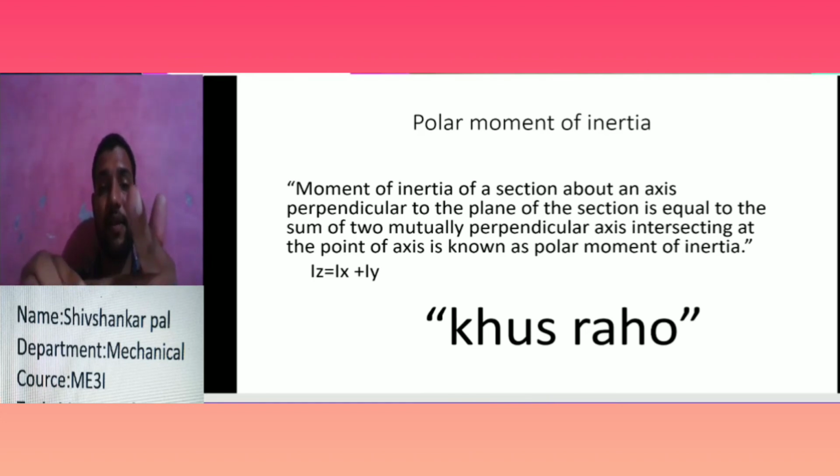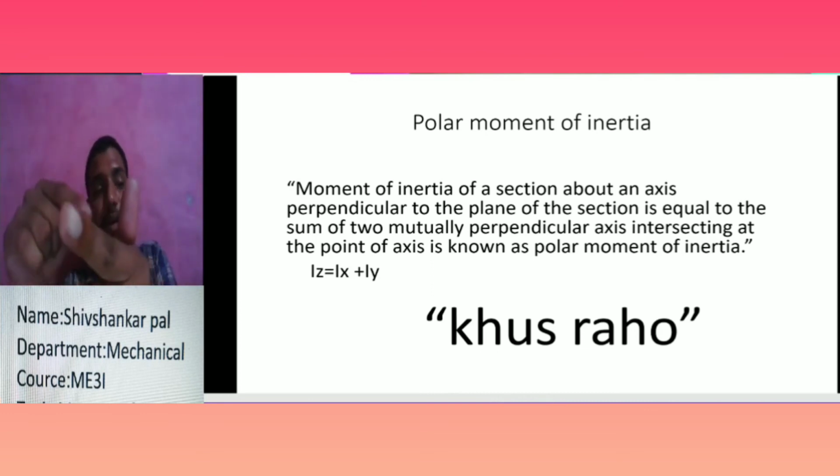The moment of inertia about the z axis is the sum of the moments of inertia about the two other mutually perpendicular axes, the x and y directions, at 90 degrees, where all three axes intersect at a point.